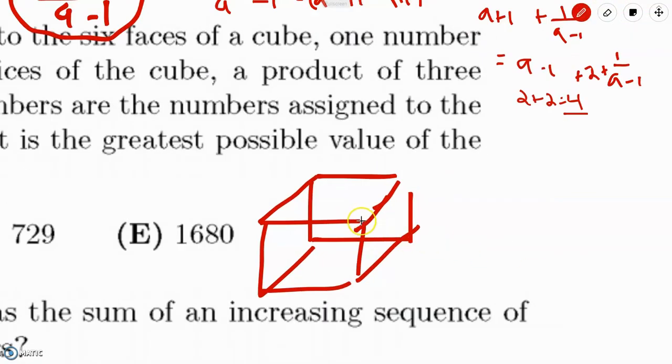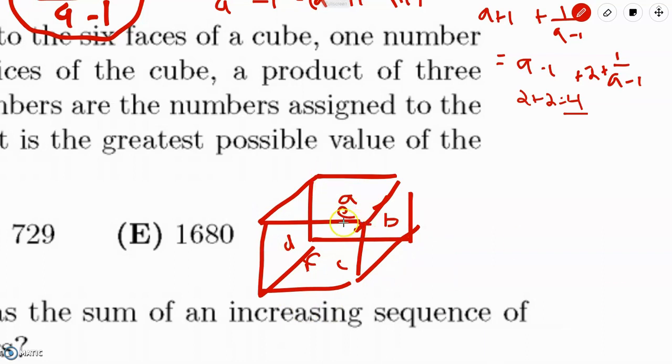So, if we put A at this face, then B at this face, and C at this face, then D at this face, and E at this face, and then F at this face, where E and F are the protruding faces into the page and out of the page, and then A, B, C, D is that kind of cycle.